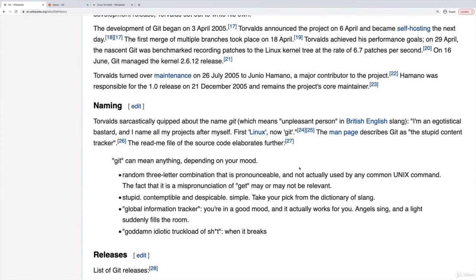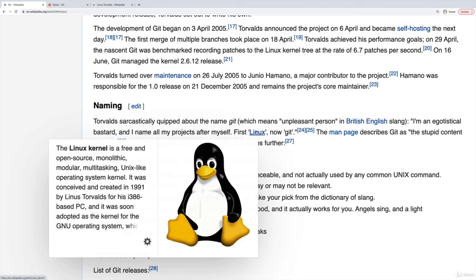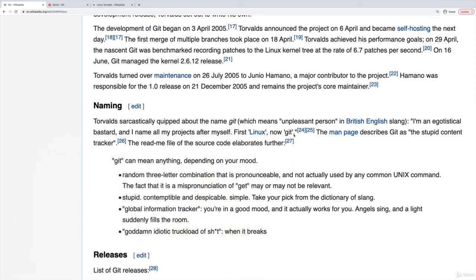So the last note that I think is kind of funny, in British slang, it means an unpleasant person. And Linus Torvalds sarcastically quipped that he actually named it after himself. He said, I'm an egotistical bastard, and I name all the projects after myself. First, Linux, like Linus, now Git, joking that he's an unpleasant person. Or maybe he's a gosh darn idiotic truckload of you know what.